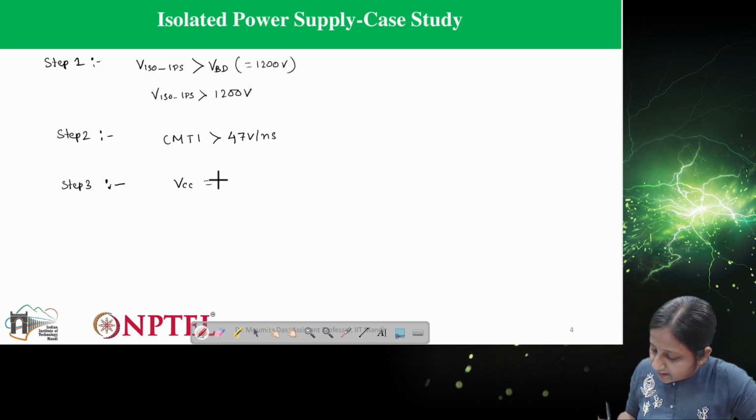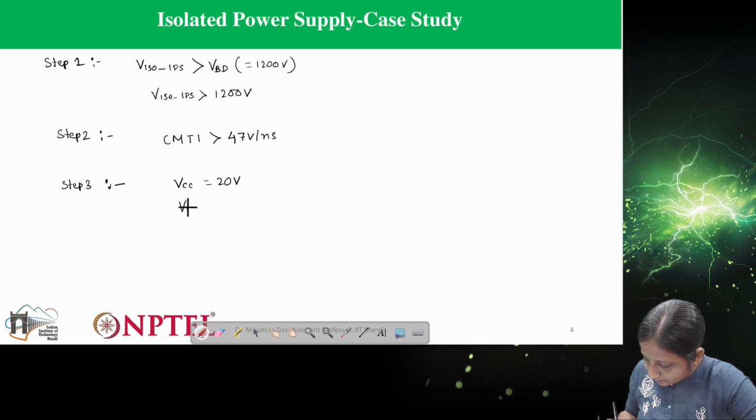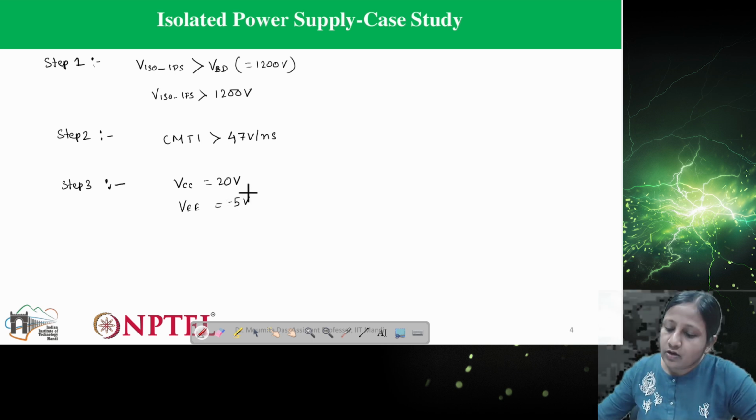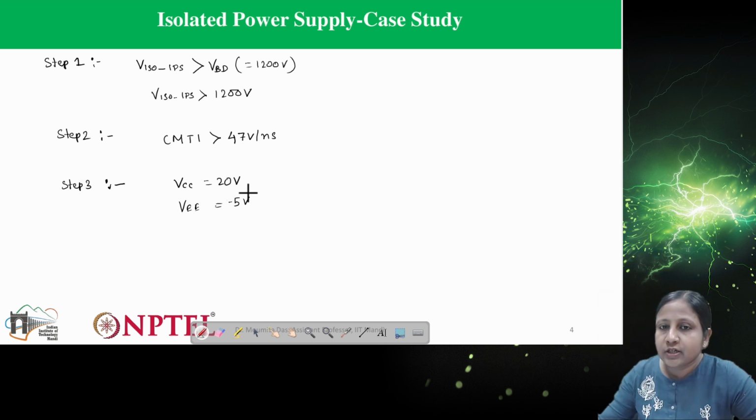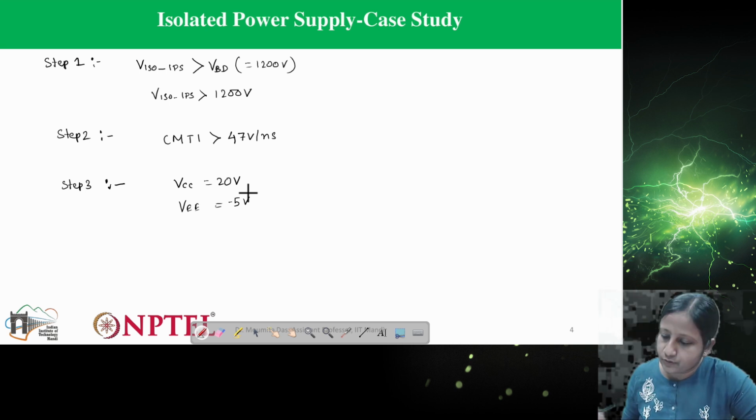So the VCC here is given as 20 volts, and VEE is given as minus 5 volts. Then the required voltage which should be provided by the isolated power supply should be 20 minus minus 5. The total voltage should be 25 volts.